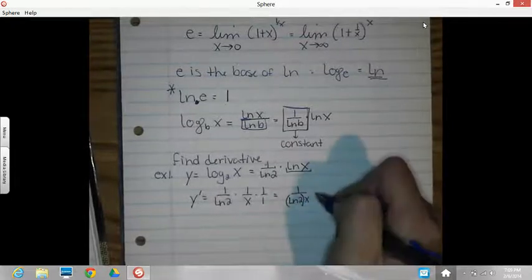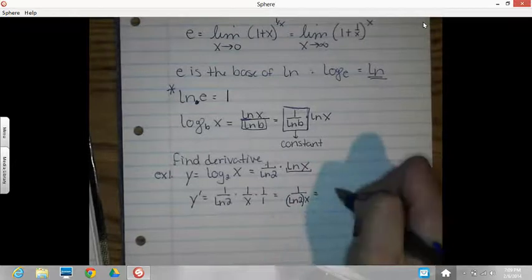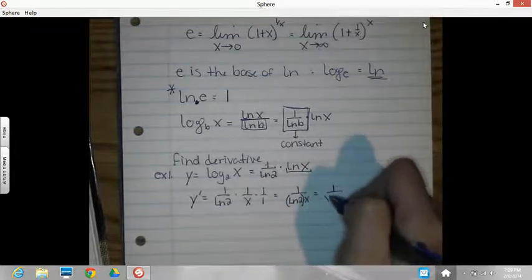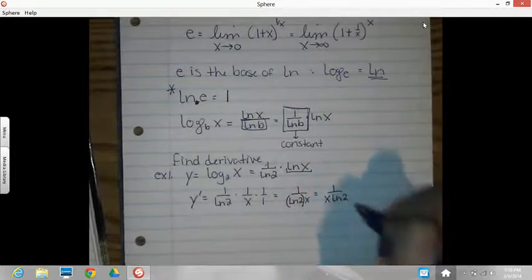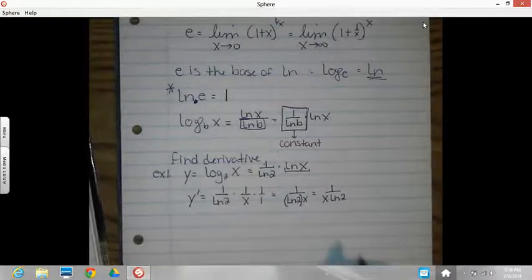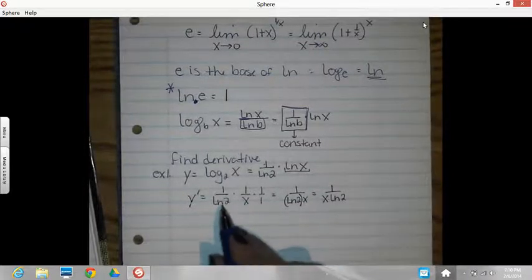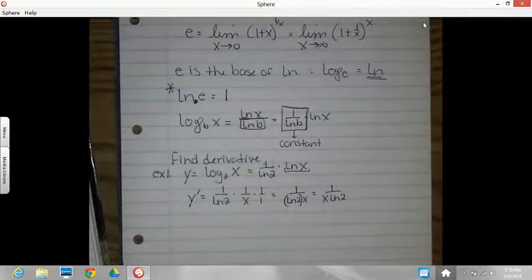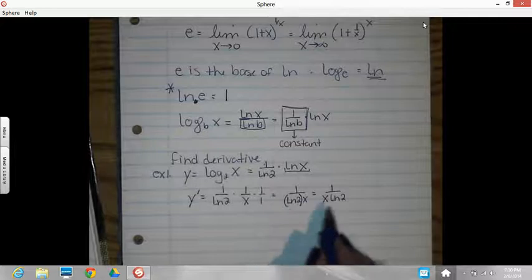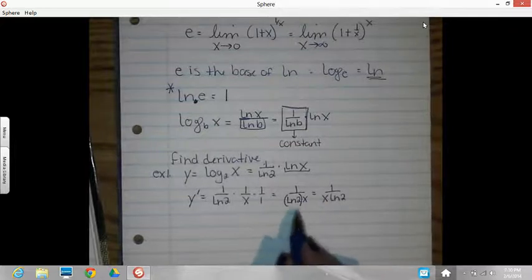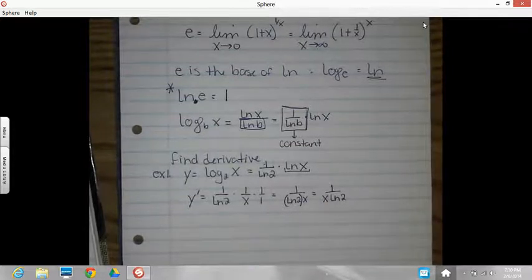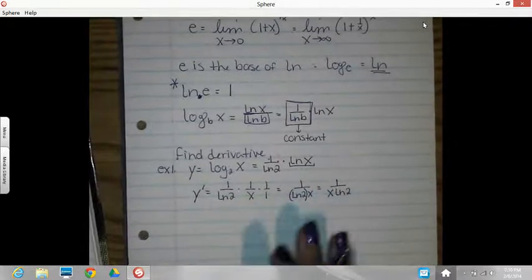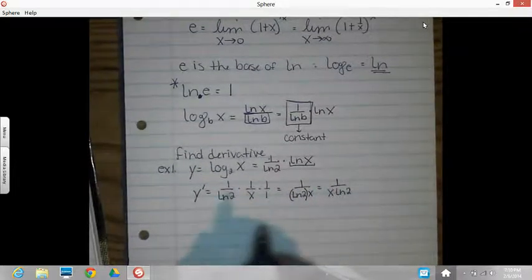But what the author does is he flip-flops these two so that he doesn't need the parentheses. And now there's no confusion that there's two things down here. An x times the natural log of 2. So either of these two answers is acceptable. Without the parentheses, it's not acceptable. Okay, that's all we're doing today. Change a base, change it into natural logs because we have a rule for that. Number 2.